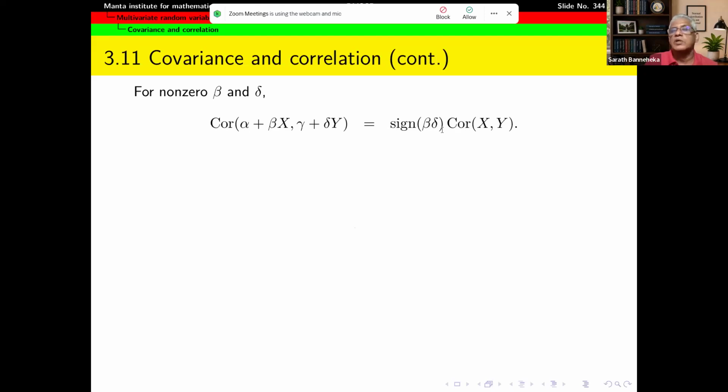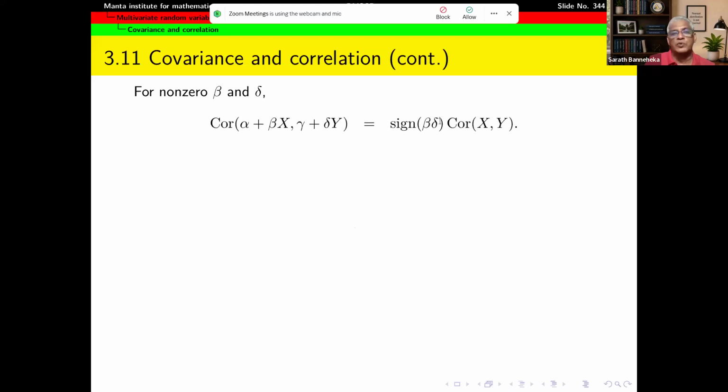Now, using the same idea, you can get this result for the correlation. So the correlation between a linear transformation of x and another linear transformation of y will be the same as the correlation between x and y multiplied by the sign of the product of the constants multiplying x and y in the linear transformations.